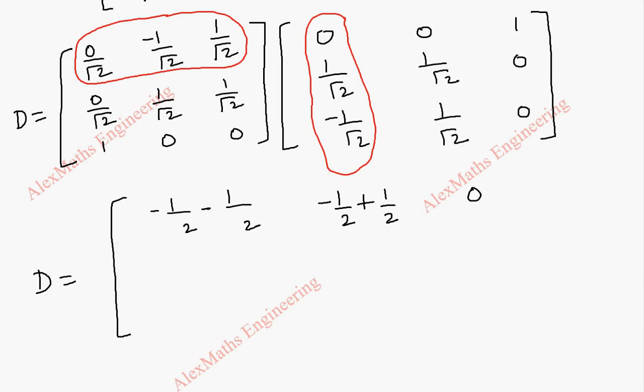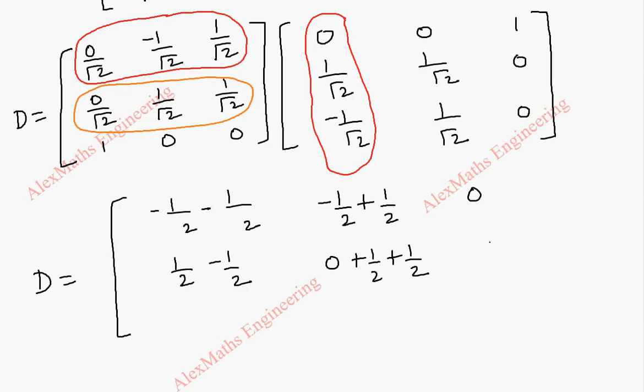In the same way, we take the second row and multiply with the corresponding elements of each column. So first is 0, then second is 1 by 2, minus 1 by 2, then 0, then plus 1 by 2, plus 1 by 2. Then the last one is 0 and the remaining also 0.